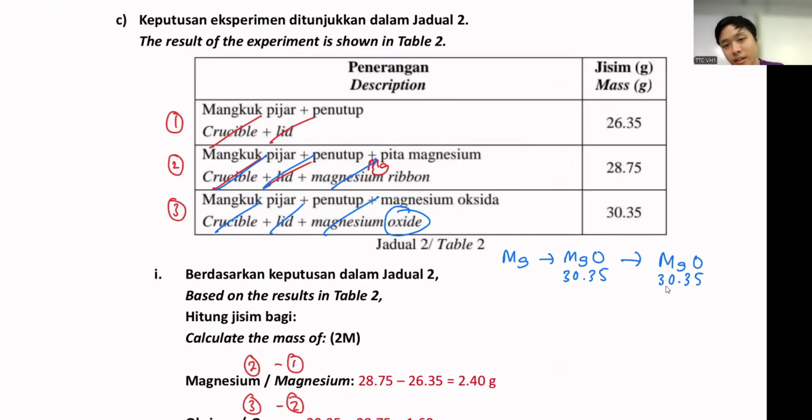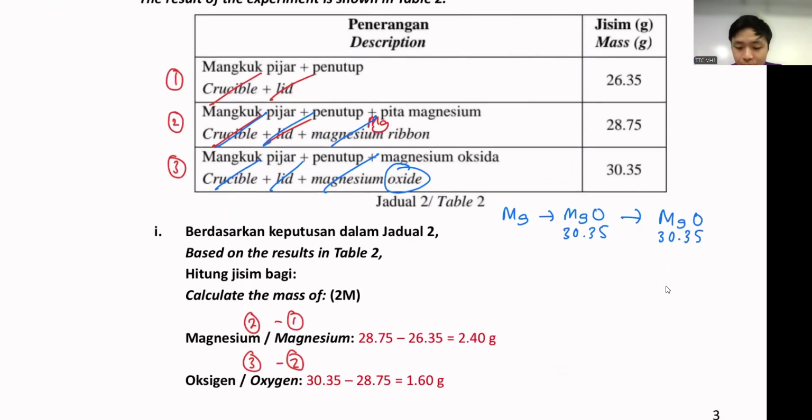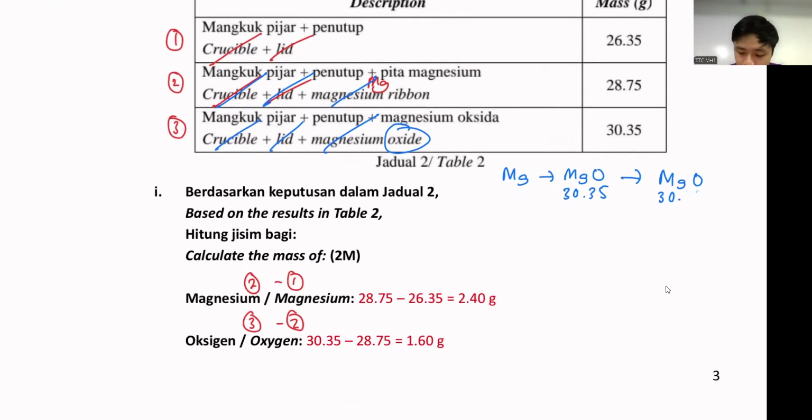Finished means completed. If let's say your mass increases again, become like, I don't know, 30.75, maybe 30.85. Now, if you see this situation, it means not all the Mg has become MgO yet. It means maybe like 95%. There are maybe like 5%, 10% still haven't become MgO.